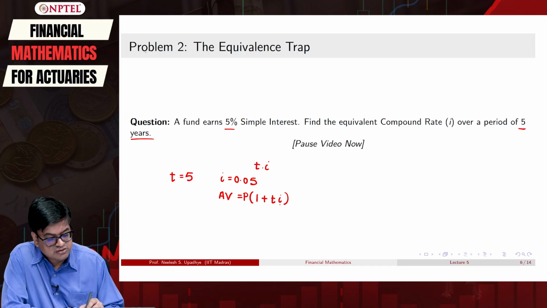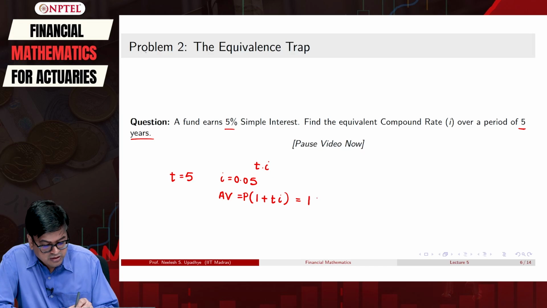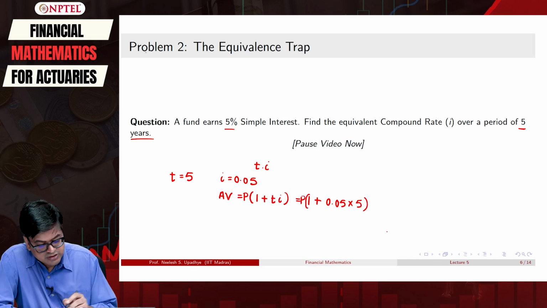Let us see. The accumulated value will be given by 1 plus 0.05, which is my interest rate, times 5, multiplied by P, which is the principal.